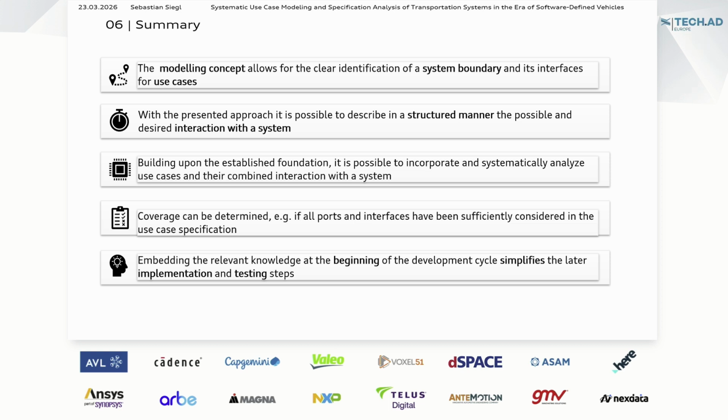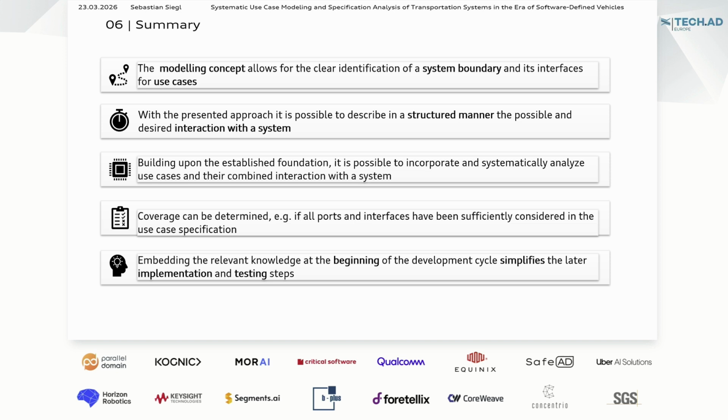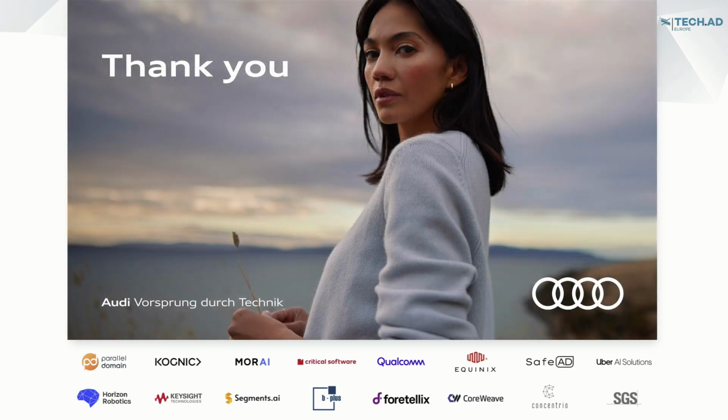And by applying this method, you can already find during the specification if there is some inconsistency, especially after an update, after you have updated your system modeling, you can find out if there's an inconsistency to another model of your systems in the vehicle and desired functionality behavior. So, thank you very much for your attention.